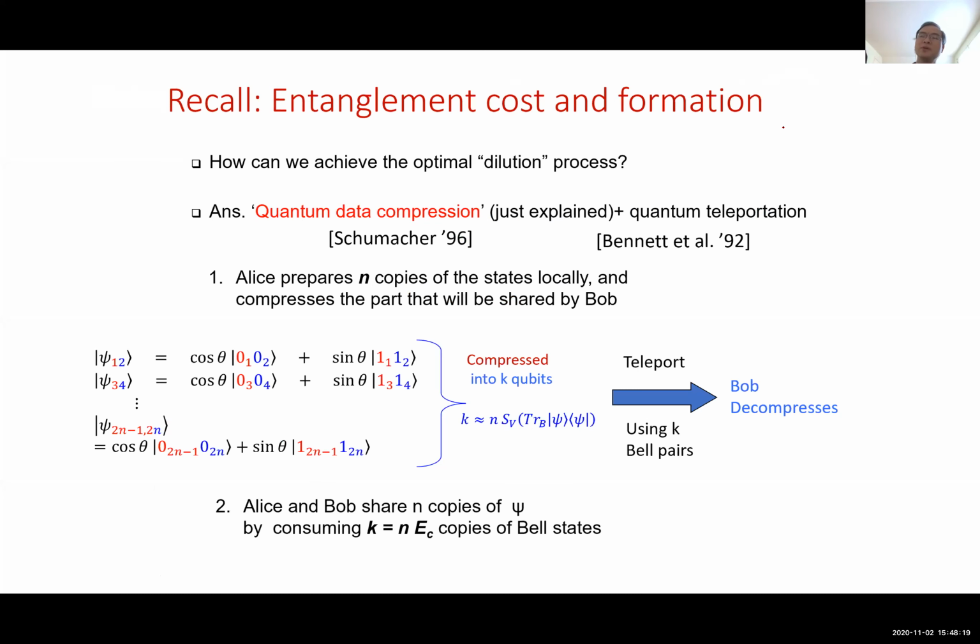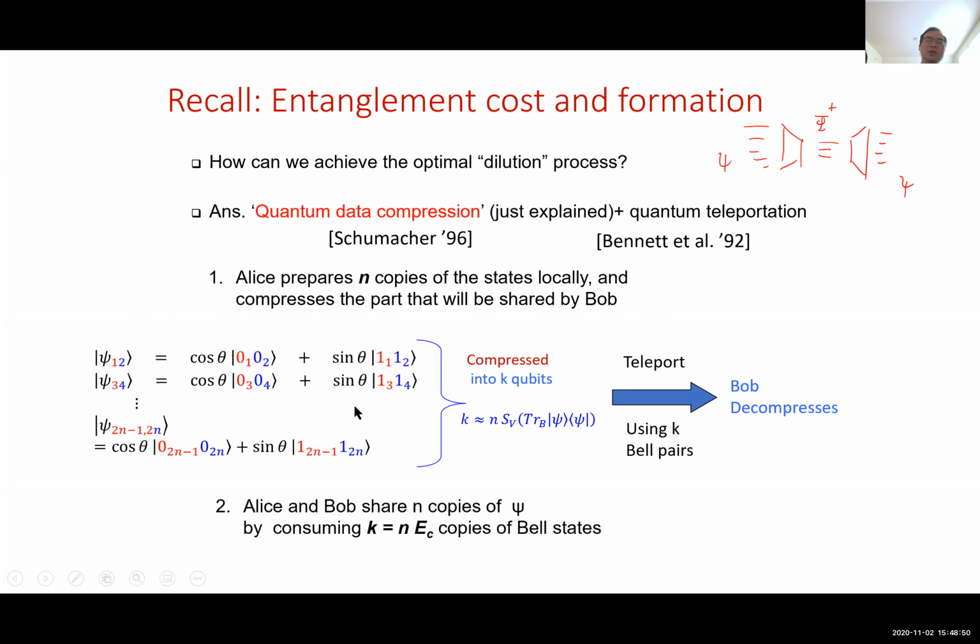So remember we were trying to dilute, maybe I'm just writing 5+, I want to dilute to get many psi, right? So psi is a 2-qubit entangled state, cosine 0 plus sine 1. So how do I achieve that? Because we mentioned that it's reversible in the asymptotic limit. So how do they achieve that?